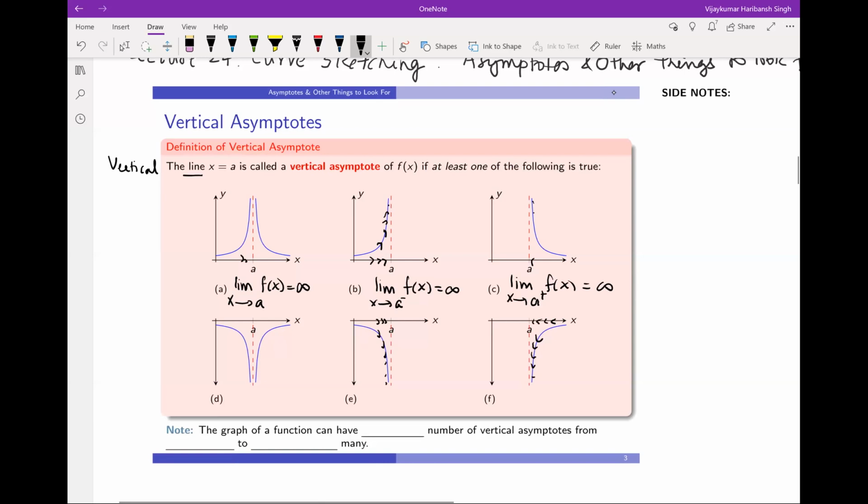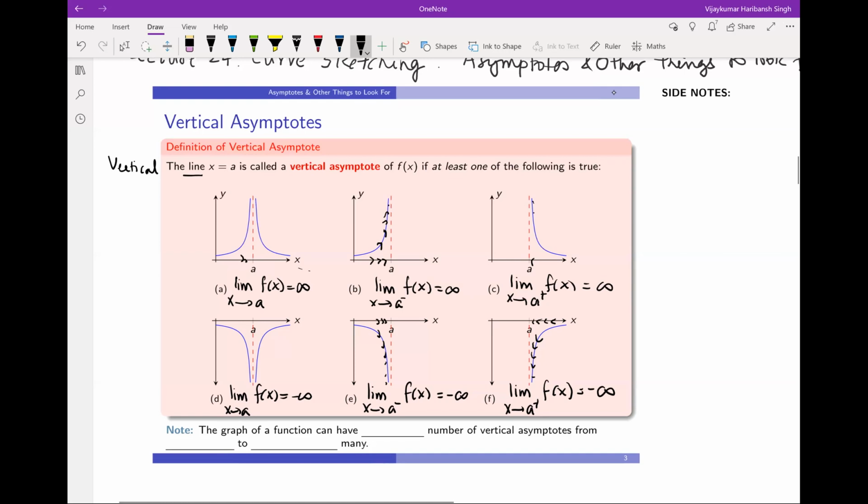And similarly, in this case, you have the limit as x goes to a of f of x is minus infinity, and so on. So whenever your function has the following property, any one of these limits being plus or minus infinity, then you say that x equals a is a vertical asymptote for your function.